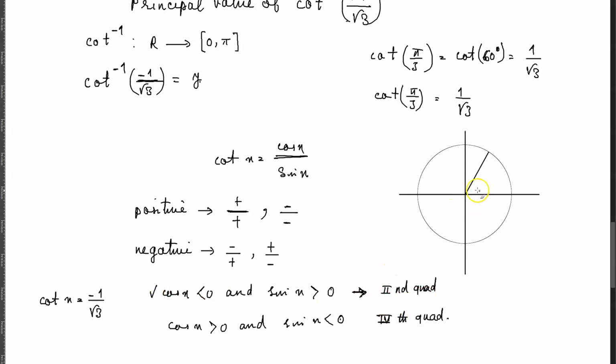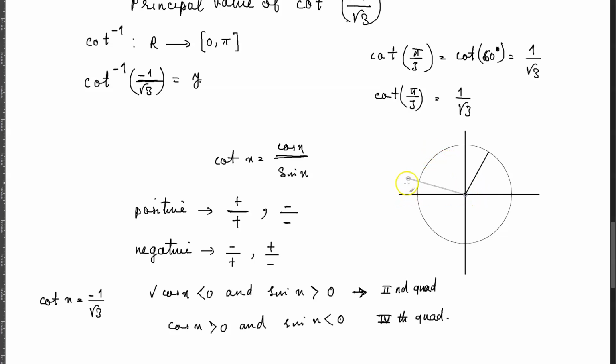Now, I'm going to be looking for some angle whose sine and cos values, the absolute values of the sine and cos values of that angle, are exactly the same as the sine and cos values of this angle, which is 60 degrees. So I need to basically draw this angle here. So this is basically 60 degrees.